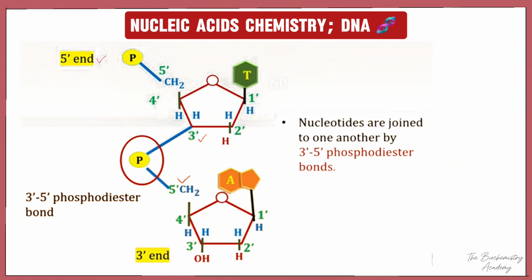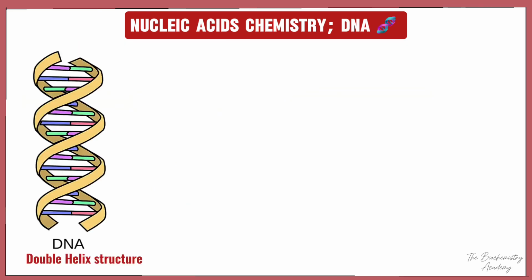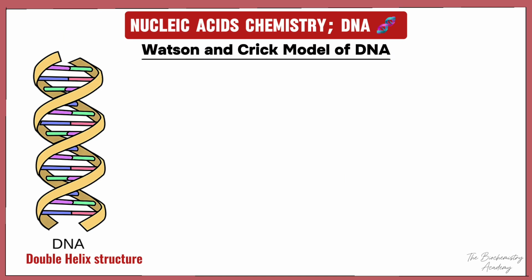Now remember, we said that the structure of DNA is a double helix, and it was proposed by Watson and Crick. Now we are going to understand the Watson and Crick model of DNA.